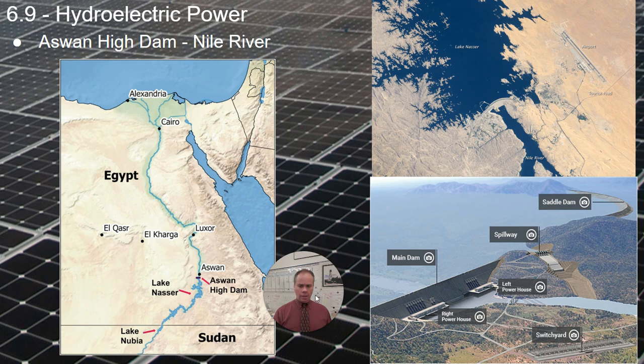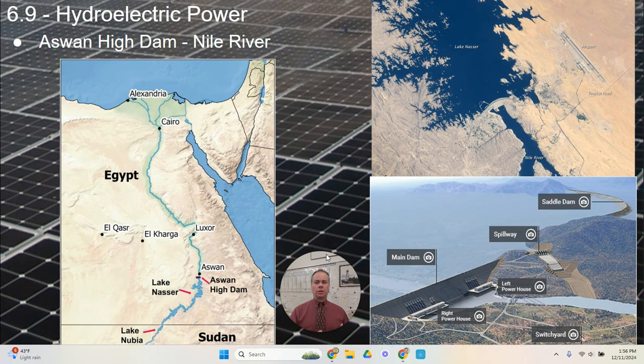Now, you should know some major dams. These are huge, large-scale dams that generate huge amounts of electricity and have had significant environmental impacts. So this is the Aswan High Dam. This is in Egypt. It's a dam on the Nile River.